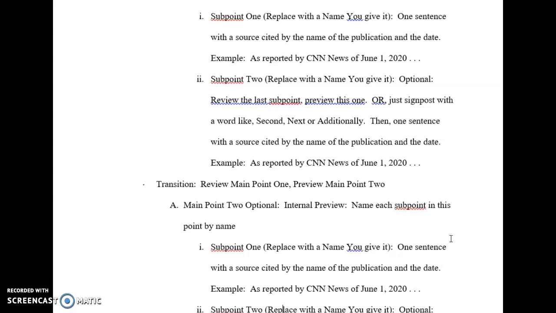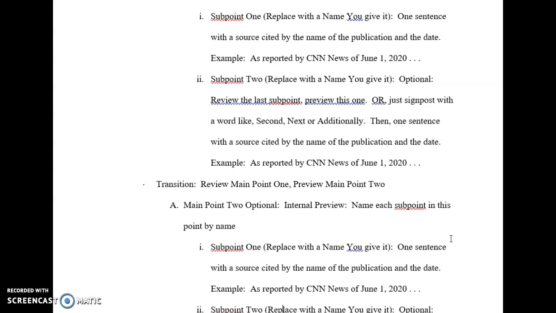Just use a word like next or second to indicate that you've moved on to the second subpoint. Both of these subpoints should have 2 different sources. You can see in this example I have the same exact source from the same exact date. That's just a placeholder. You need different subpoints and different sources of information.